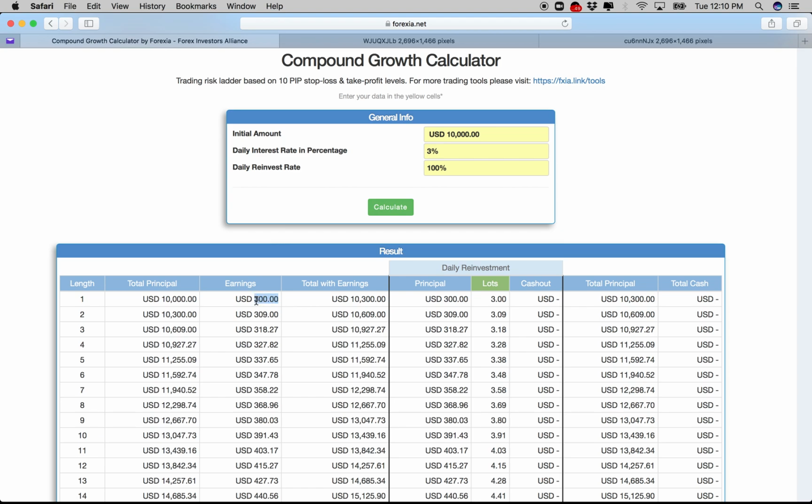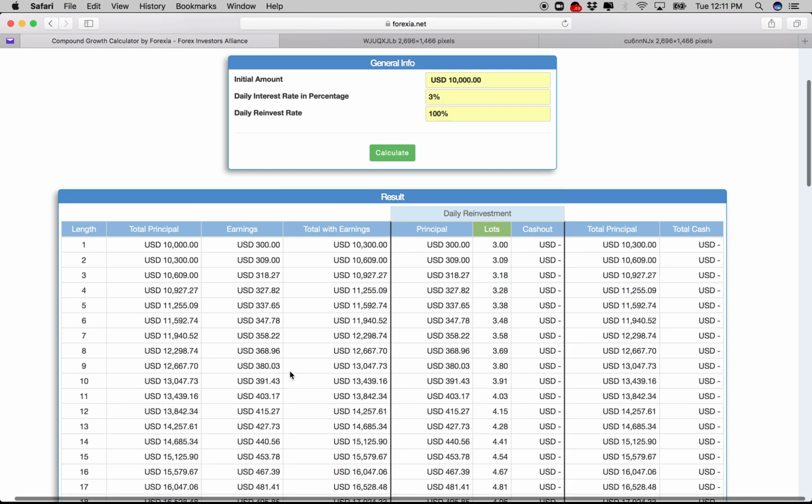Okay, we would be risking $300 on our $10,000 account, with a 3 standard lot size. If we hit our take profit level of 100 pips, we would make a total of $3,000 equivalent. So we would jump from trade 1 all the way to the balance of 13,000.